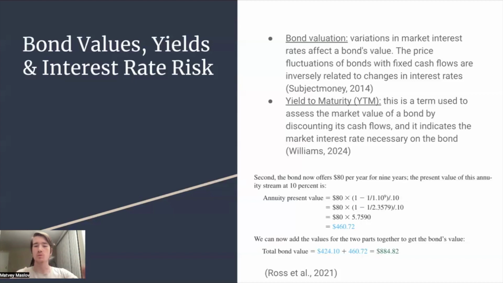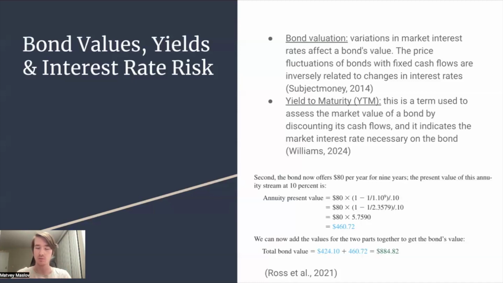We can then calculate its new annuity present value, which is $460.72. We can also add the values of the two parts together to get the bond's final value. Previously, prior to this equation, they also calculated the initial present value, and then added it all together in order to calculate the actual total bond value.